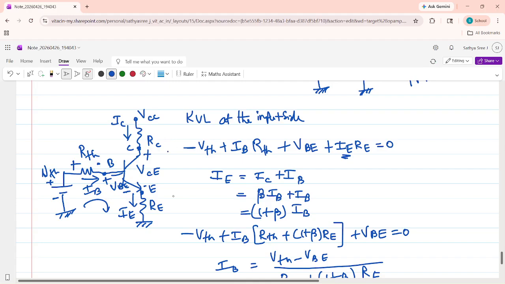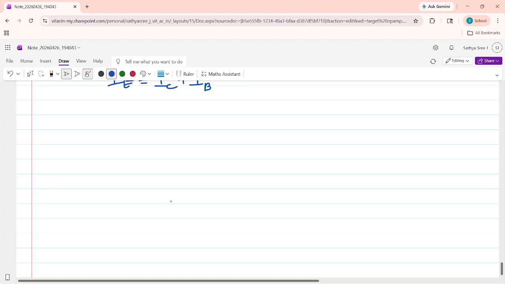So writing KVL at the output loop, minus VCC plus IC RC plus VCE plus IE RE equal to 0.